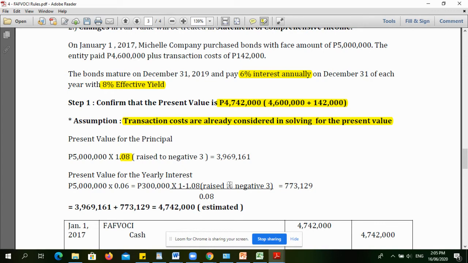And then, kailangan din natin hanapin yung present value for the yearly interest. So, face value times stated rate equals 300,000 pesos. And we solve for the ordinary annuity for 3 years.